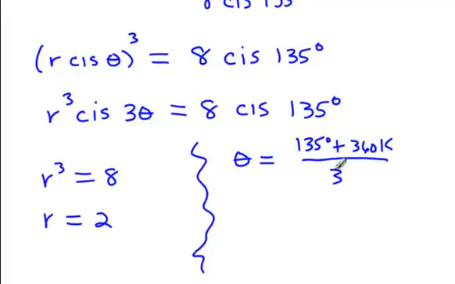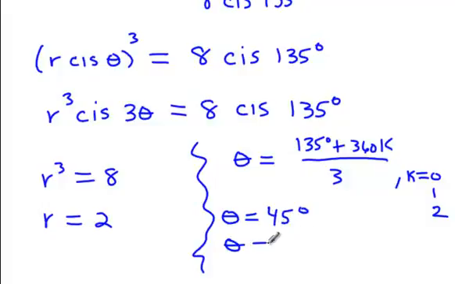And we're going to do this formula for k equals, since we're looking for cube roots, we're going to let k go from 0. We're also going to use a k value of 1 and also a k value of 2. Here's how we'll come up with our three distinct cube roots. So what are our theta values? Well, let's let k be 0. 360 times 0 is 0, and 135 divided by 3 is 45.